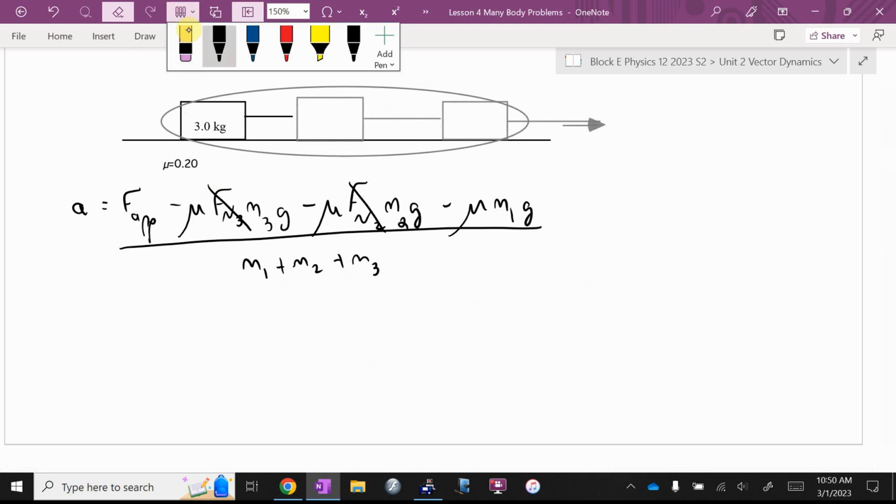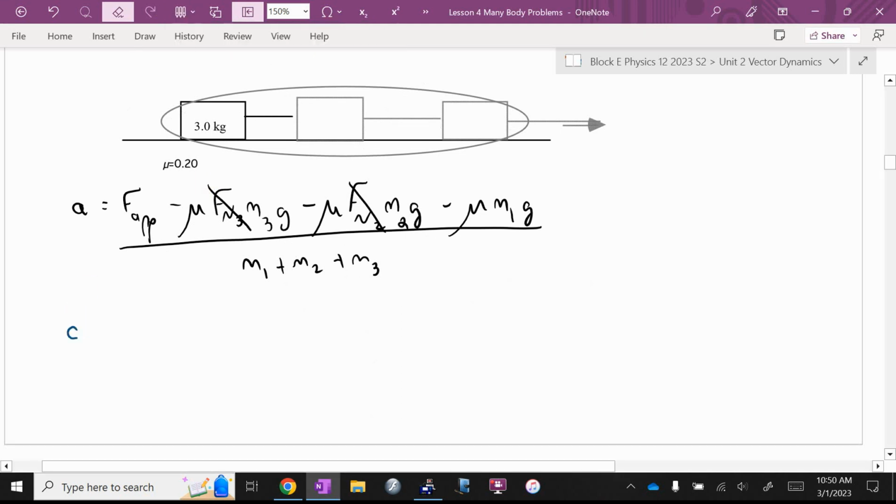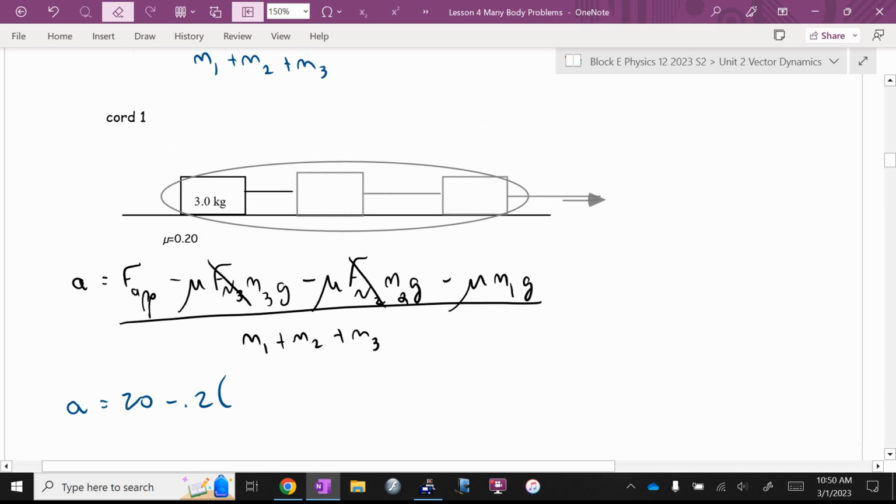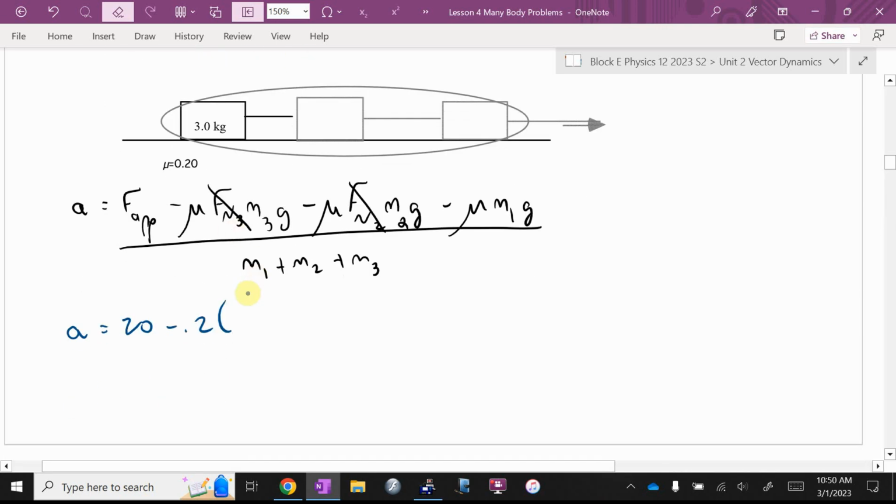All righty. Can you tell me my numbers, Eliana? F applied was 20, wasn't it? And then minus 0.2. What was M3? Sorry? I don't think M3 can be 3. 5? 9.8 minus 0.2.